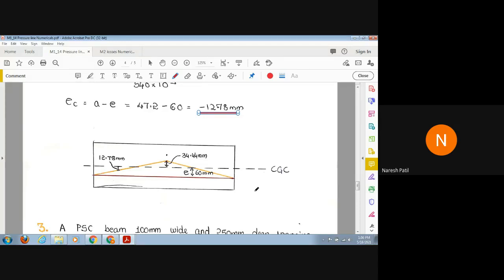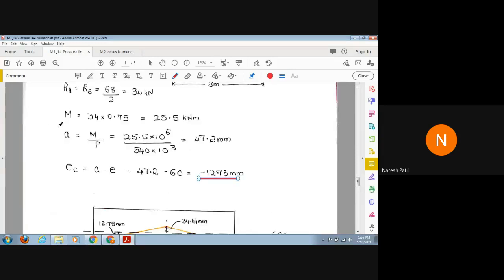So see, it is important. The pressure line reflects the bending moment diagram. That is very important, because the points you are locating, EC, are with respect to M, because A is equal to M by P. So what is M?